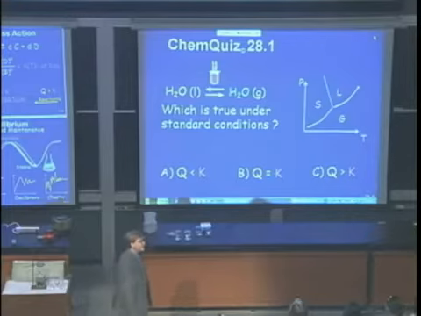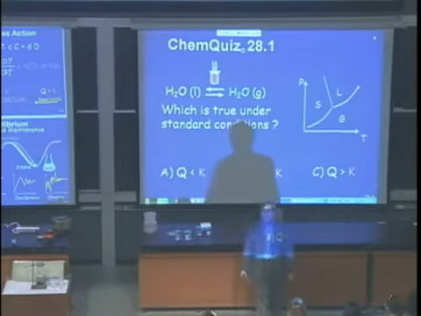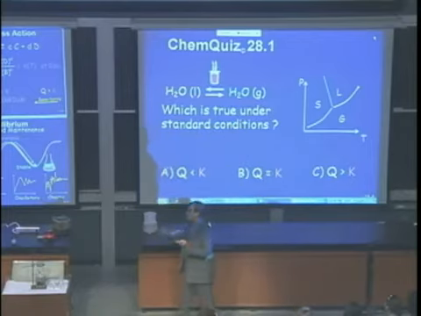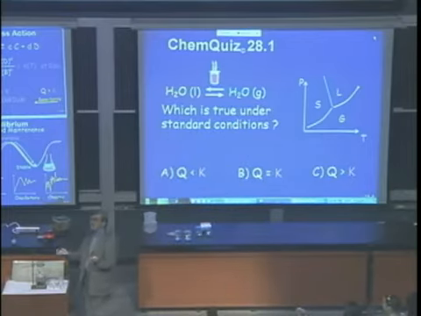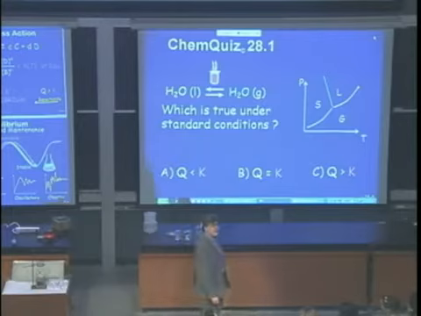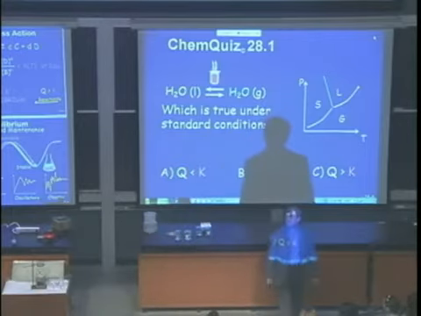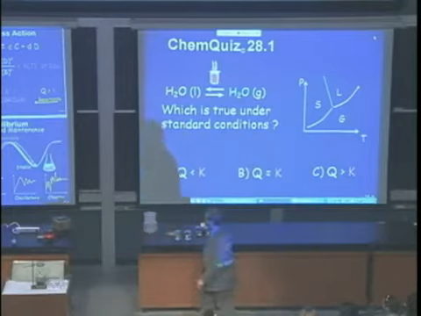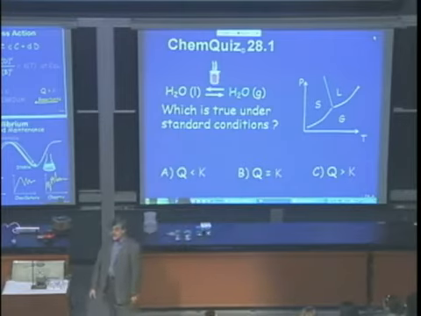Okay, what is the partial pressure? I told you, at equilibrium, what's the partial pressure of water at 25 degrees? 0.03, okay? What is Q at 25 degrees? 1. So 1 is obviously a lot larger than 0.03.